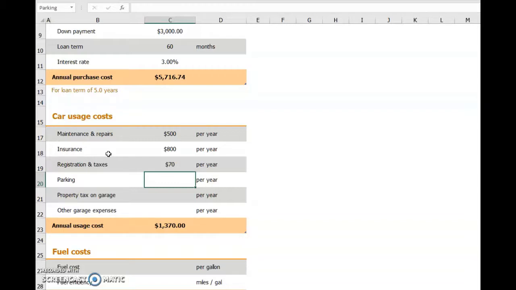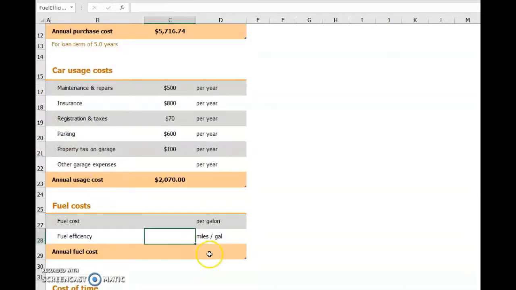Let's just keep it relatively low, although this can get pricey. Let's keep it at $600 per year. Property tax on garage, again, depending on whether you own it, rent it, etc. That could be an additional fee, or other garage expenses. It could be anything, so we'll just keep that fairly simple for now.